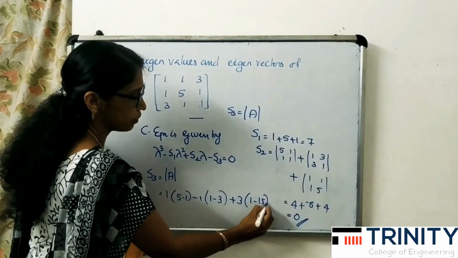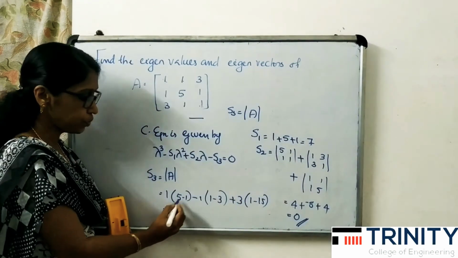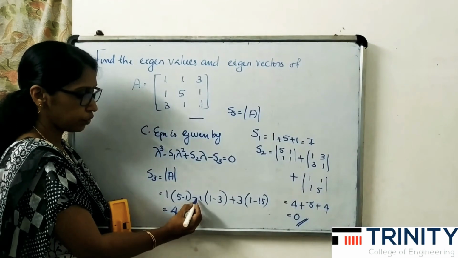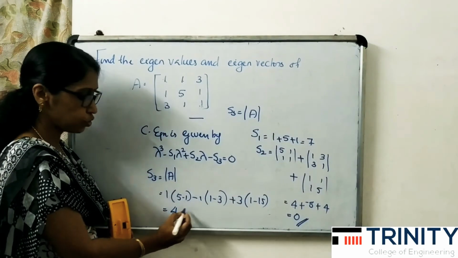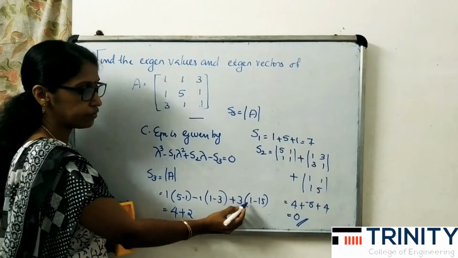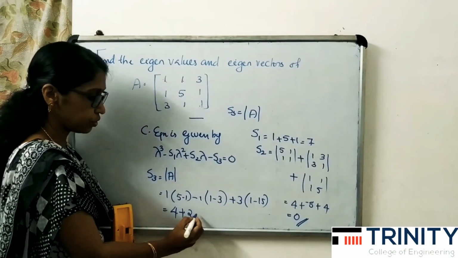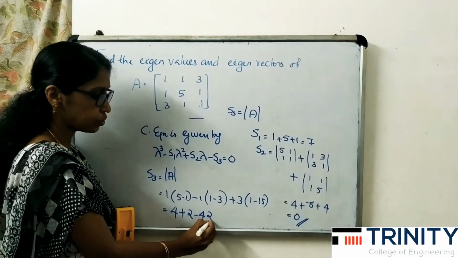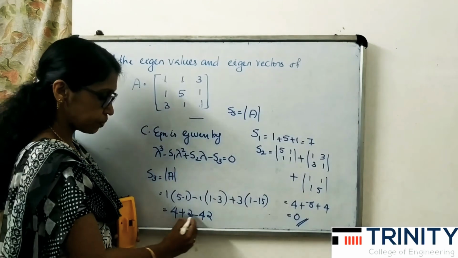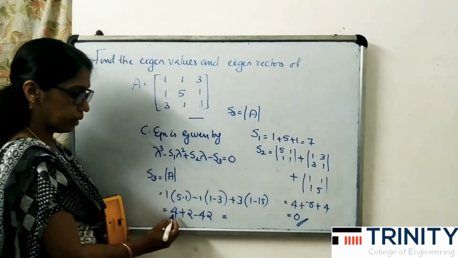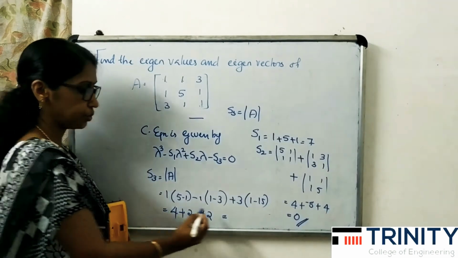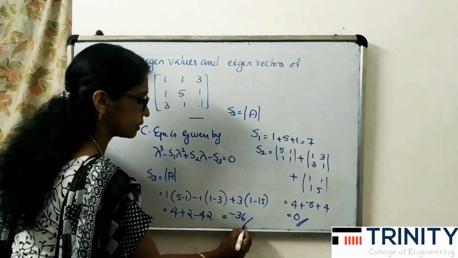This is equal to 5 minus 1 is 4; 4 minus 1 into minus 2, minus 1 into minus 2 is plus 2. Here we get minus 14, and minus 14 into 3 is minus 42. By adding, we get 6 minus 42, that is minus 36.